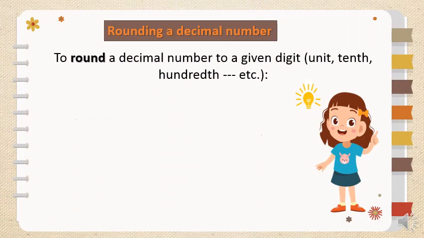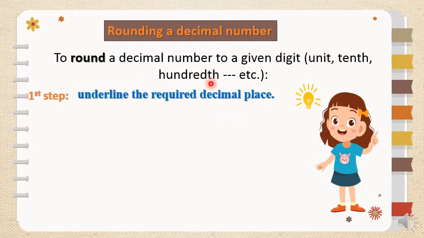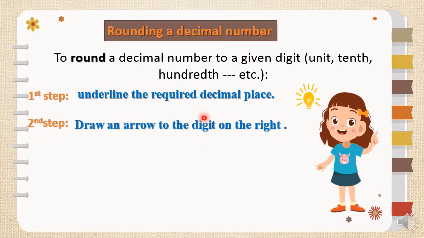After knowing what is the meaning of rounding numbers, now let's learn how to round decimal numbers. To round a decimal number to a given digit, just like unit, tenth, hundredth, and so on, we have to follow these steps. First step, underline the required digit. 2.